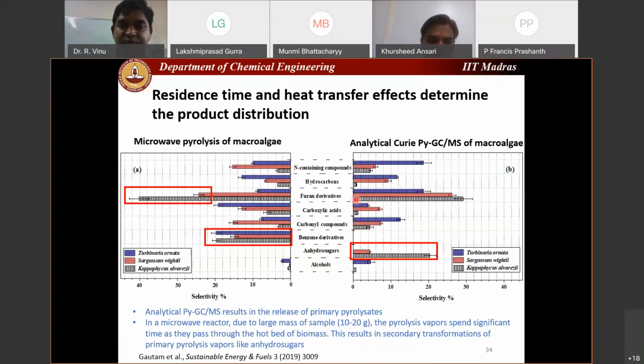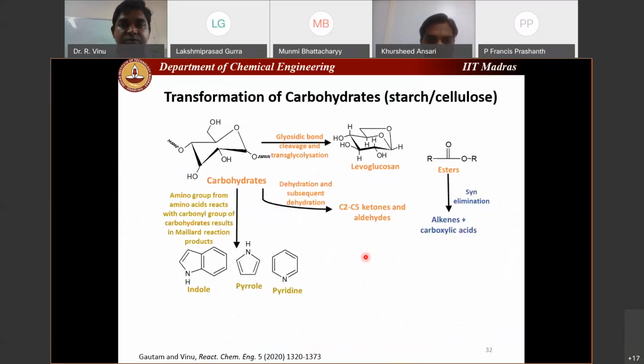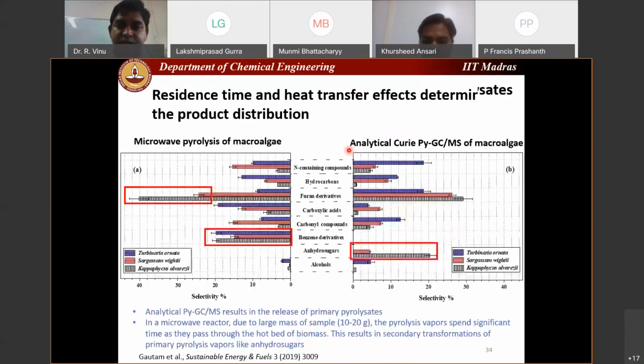What we found is that in the Curie point pyrolysis, and I think this is valid for the Frontier micropyrolyzer also, you will see a significant amount of anhydrous sugars formed. As I said in my previous slide, anhydrous sugars are components like levoglucosan, which are the primary pyrolysis products from the carbohydrates, and these are very much retained in an analytical pyrolyzer, whereas they are nearly absent in microwave pyrolysis.